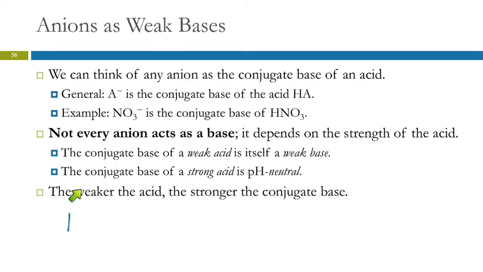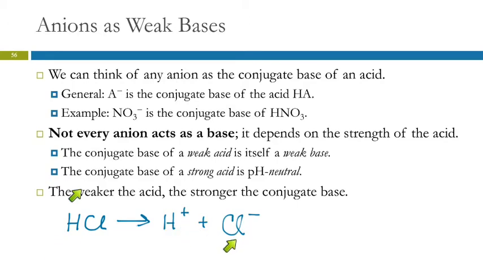So let's think about that. HCl is a strong acid, right? You put that in water, it ionizes completely. So chloride ion is an anion. We can think of it as the conjugate base of this acid.